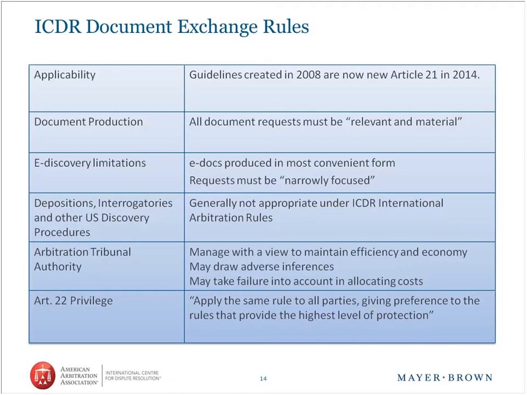Just a quick point on privilege, Article 22. This is a standard that is really unique to any sort of rule out there in terms of what's available, and it provides a standard that the parties will be treated equally to the highest level of protection. So, another rule mechanism that's available.